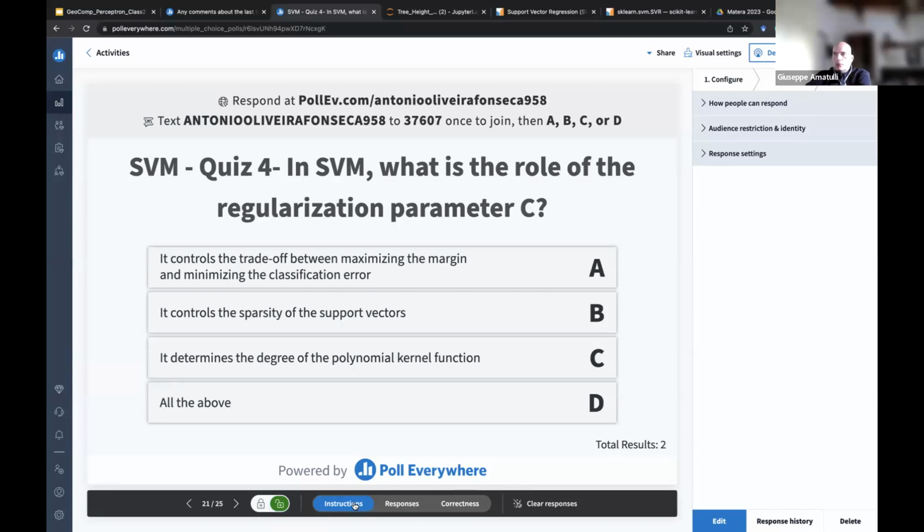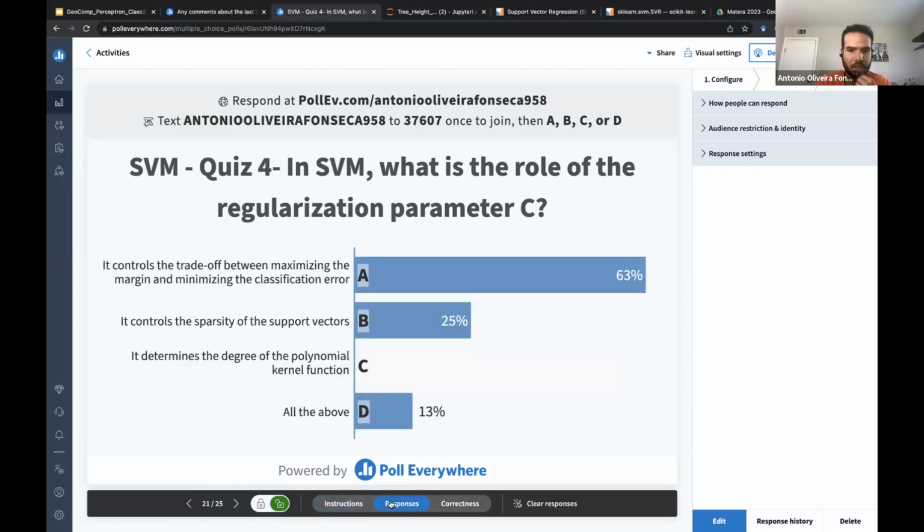I'm going to go ahead with this one because of the time we have, right? So yes, this is correct. It controls the trade-off. Okay, people are still voting.